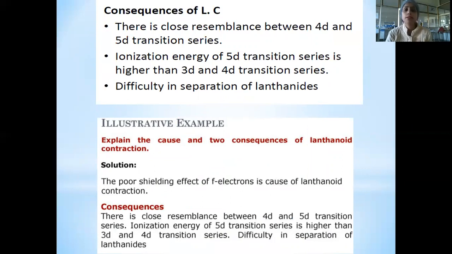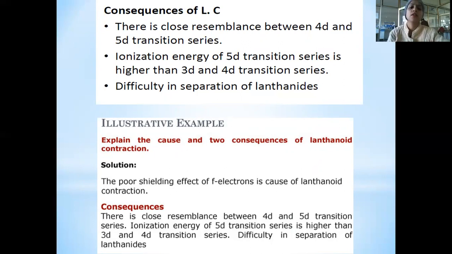Because of lanthanide contraction, the 4D and the 5D series resemble each other very much. And the ionization energy also is more than the 3D and the 4D transition series, and they are also difficult to separate.